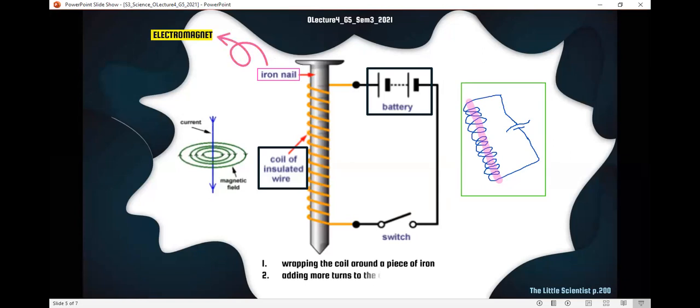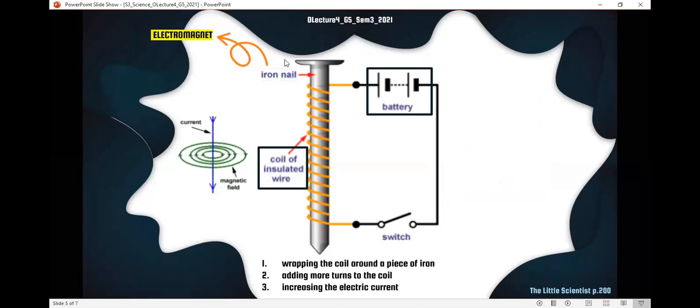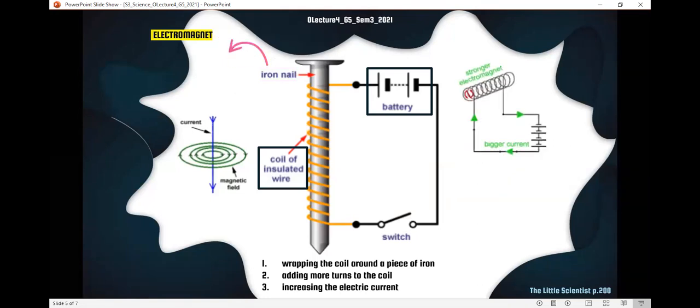If you add more turns to the coil, you will increase the power of your electromagnet. Also, if you use more than one battery, you will increase the power of your electromagnet. So there are 3 ways to make your electromagnet more powerful.